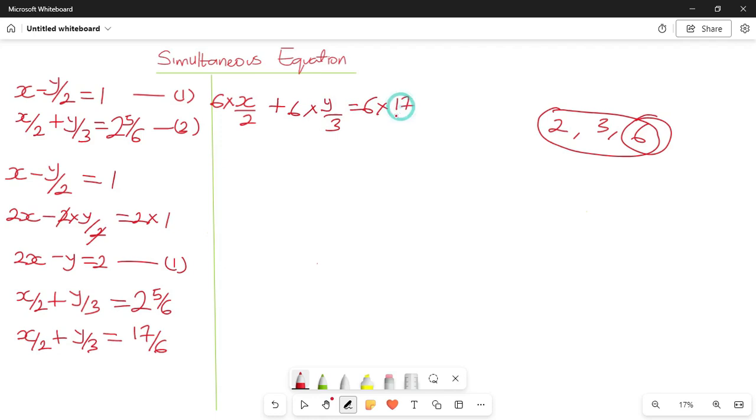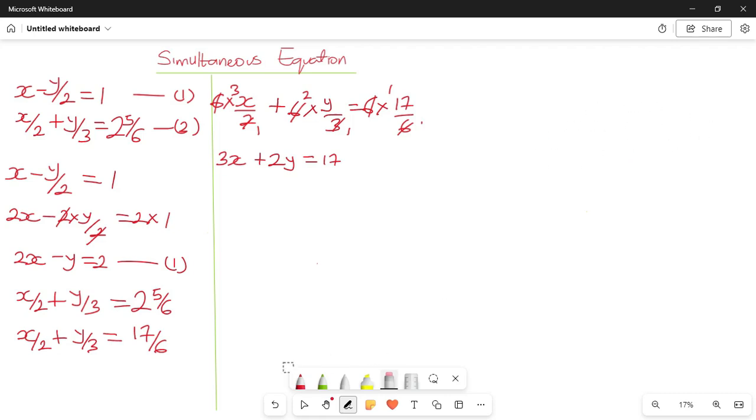So 6 divided by 6 gives 1, 3 divided by 3 gives 1, and 6 divided by 3 gives us 2; 2 divided by 2 gives 1, and 6 divided by 2 gives us 3. So we are going to have 3x plus 2y equals 17. That way we have simplified equation 1 and equation 2.